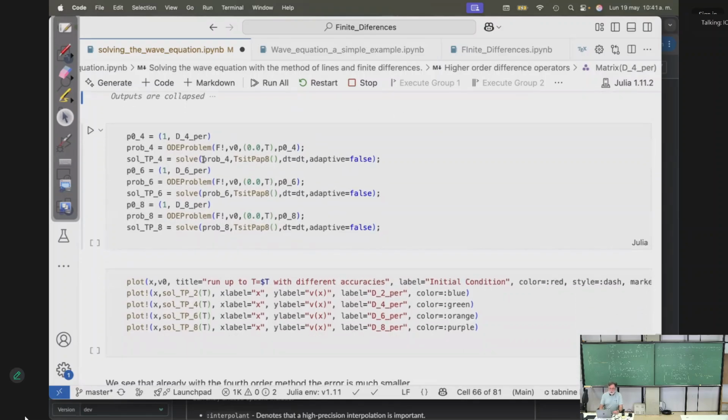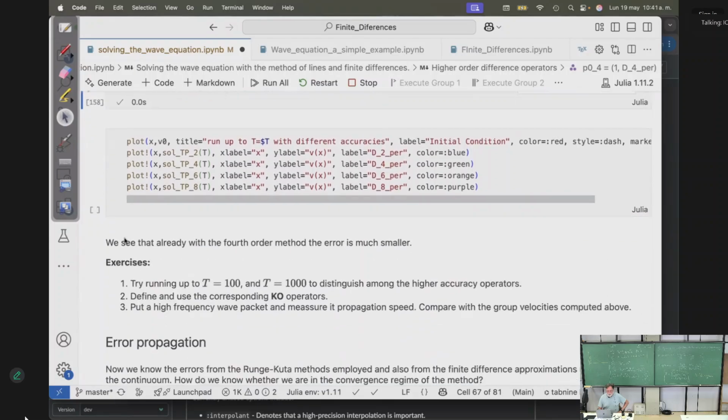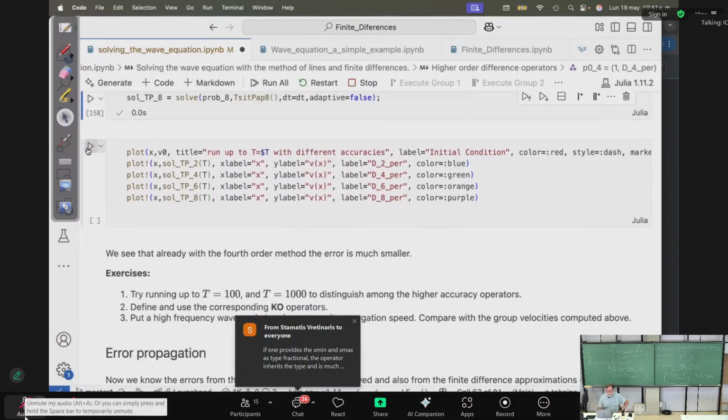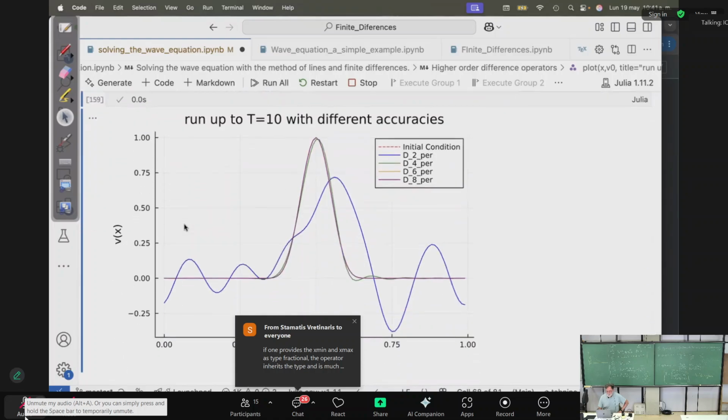So I run them. I create the problems and put names. So this is the name of the Runge-Kutta integrator, and this is the order of the finite difference for every solution. I create all this and run and I plot.